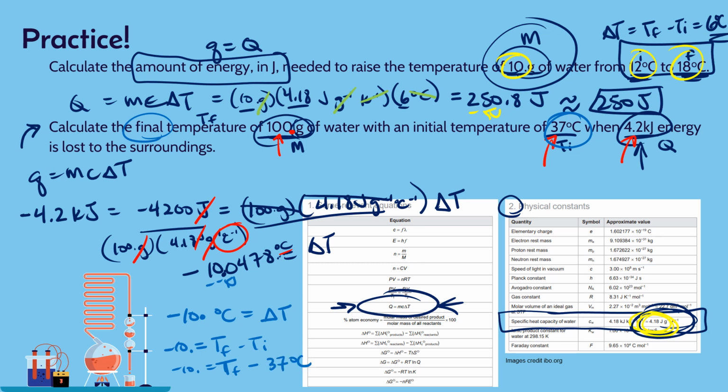To solve for final temperature, we're going to add 37 to both sides, which means that our final temperature is almost going to fit on the screen. Final temperature is going to be negative 10 plus 37, which gives us 27 degrees Celsius as our final temperature.